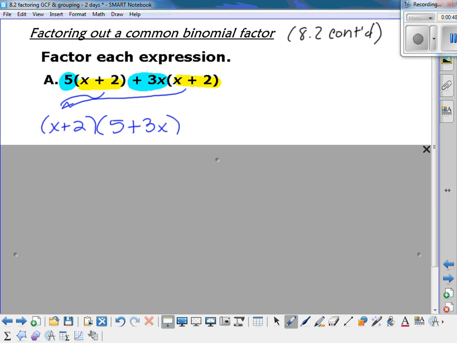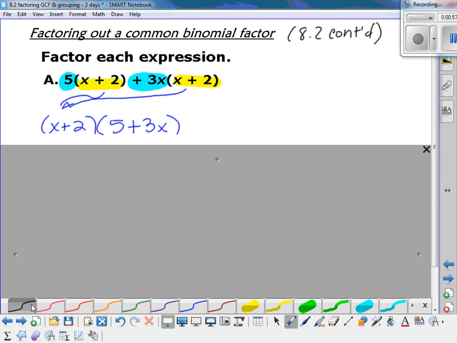When you factor out a common binomial, you just take that common binomial, put it out front, and then put whatever's left in the parentheses. Pretty straightforward, hopefully. That's the answer.